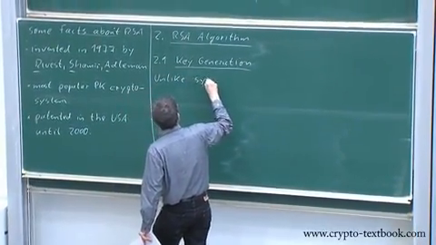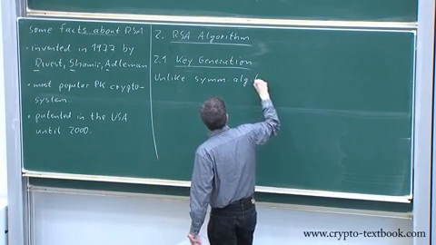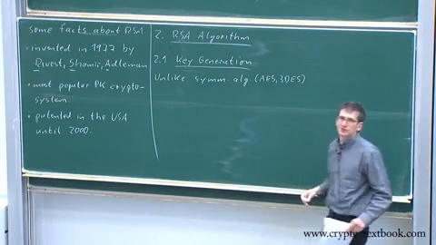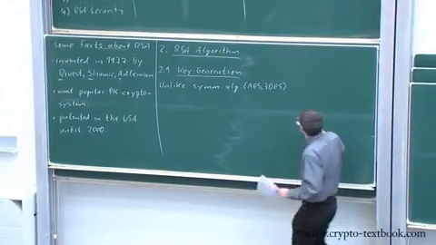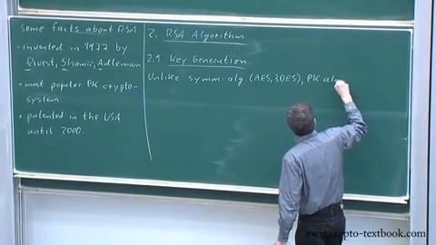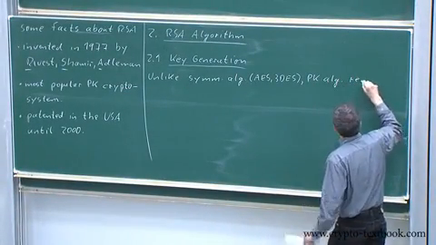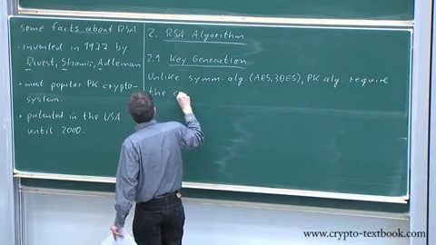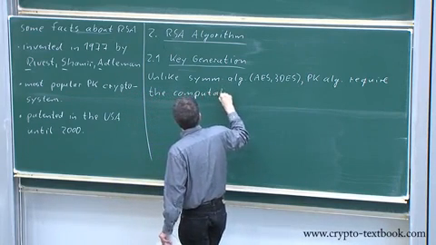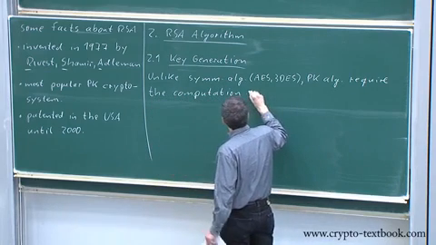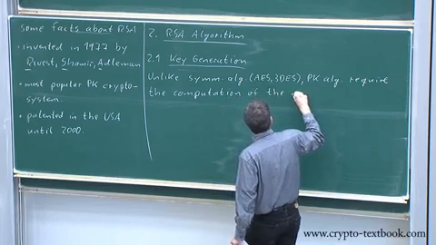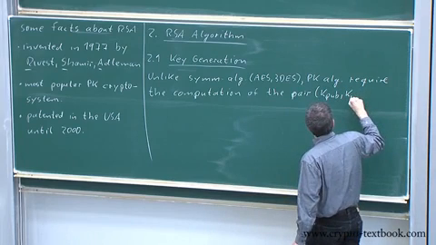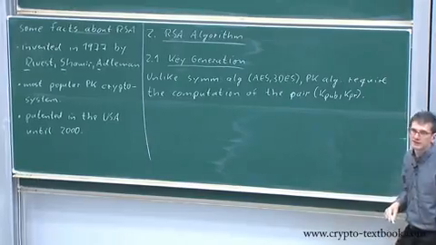Unlike symmetric algorithms (in parentheses: AES, triple DES, or whatever), public key algorithms require the computation of the pair K public, K private.